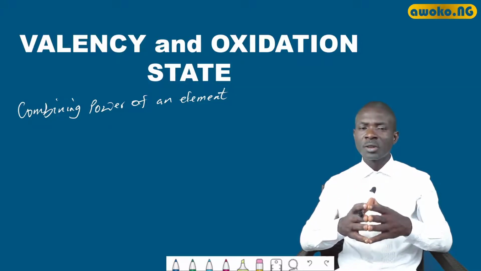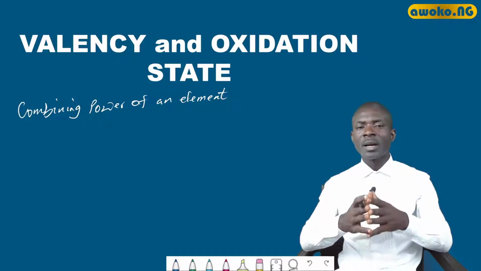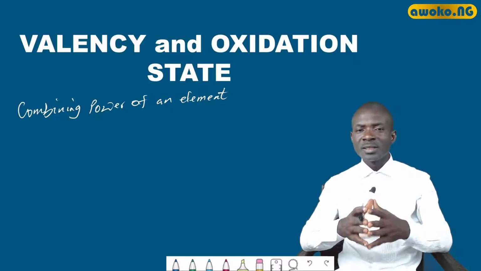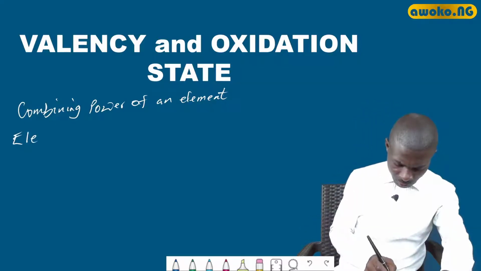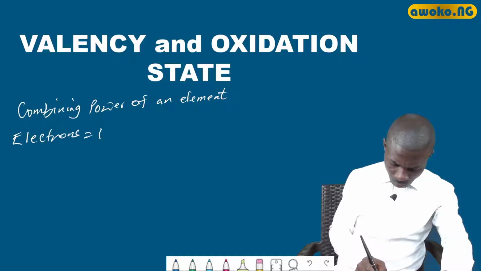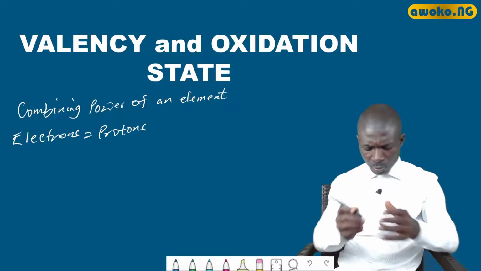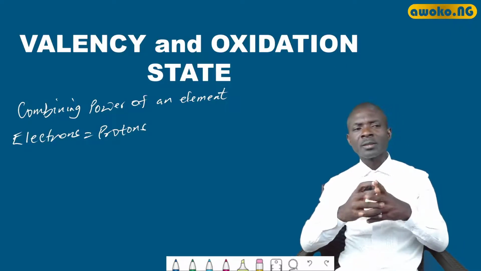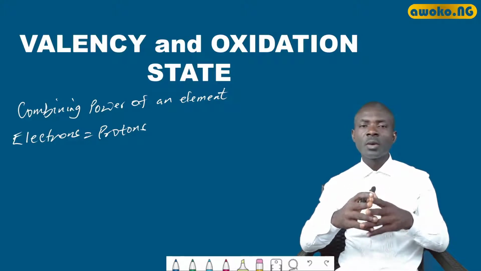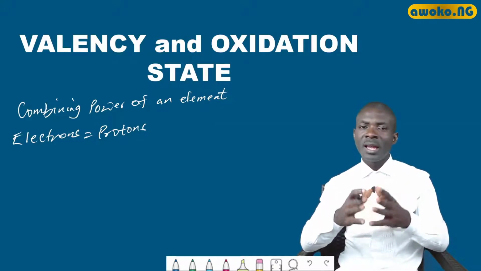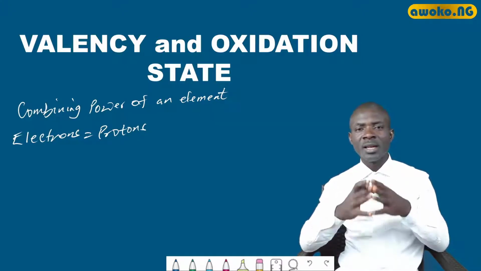So in any atom, we have atomic number equal to number of protons, and is the same as number of electrons. So we have electrons equal to protons. Just as when we talked about the concept of the atom, where we said the number of electrons in any atom is equal to the number of protons, and that makes the atom to be electrically neutral.